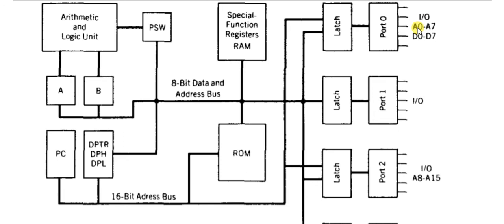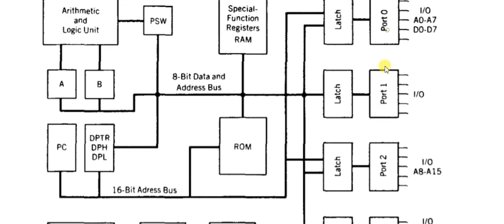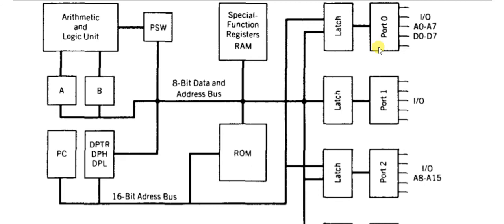When we want to connect any additional or external memory with the microcontroller, this port will be occupied for the external memory connection. This is port 1. It is a block which handles input and output data with the microcontroller.